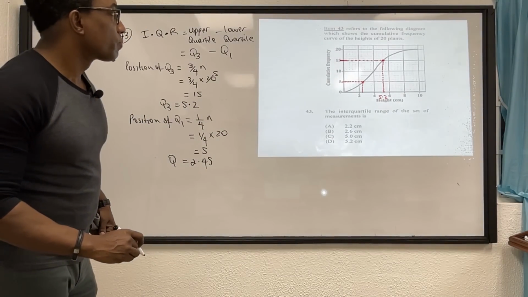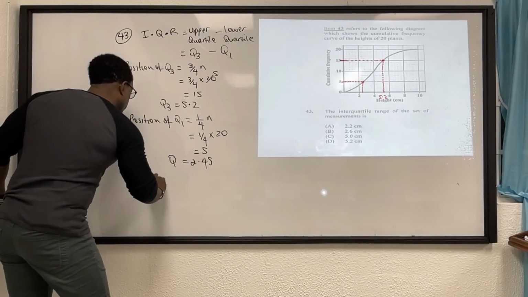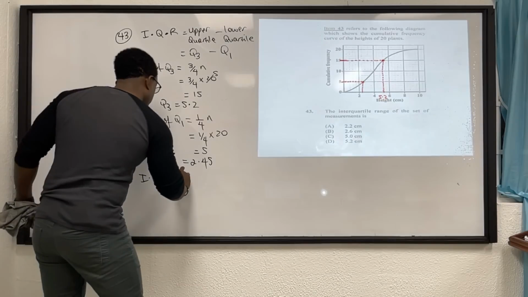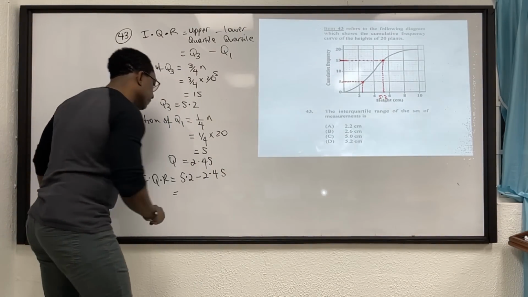So, to determine the interquartile range, it is going to be 5.2 minus 2.45.